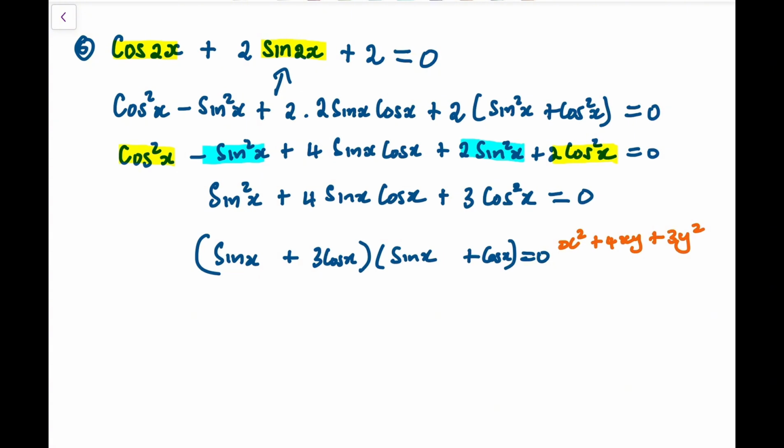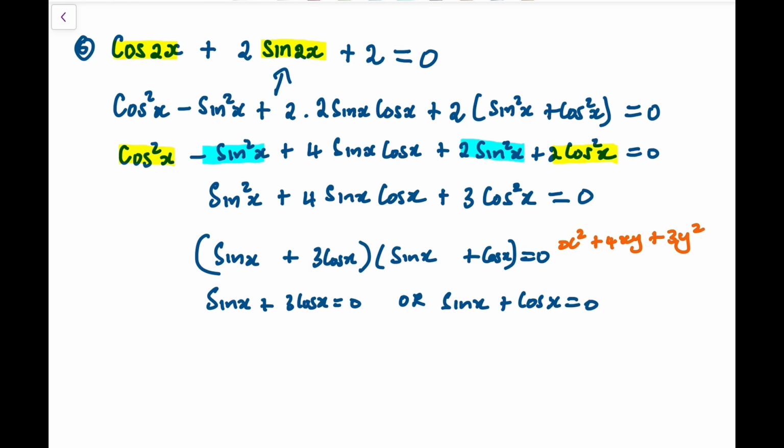And then from here, we can see that sine x plus 3 cos x is equal to 0, or sine x plus cos x is equal to 0.